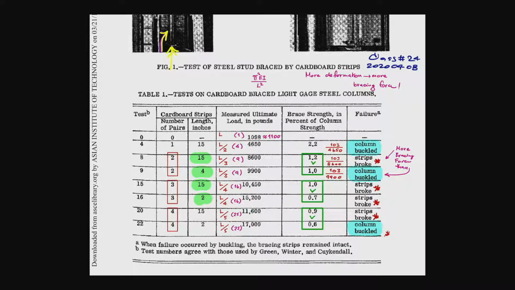So there will be some number that will be recommended, and all the framework that we are going to learn is a framework that is used for code writing. So the steel code, especially the stability part, is written using this.